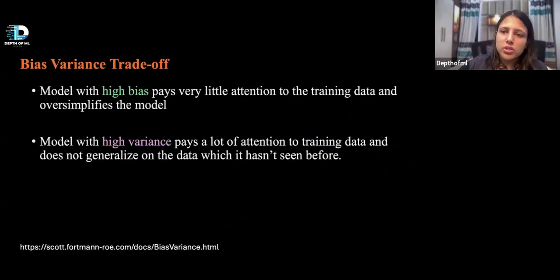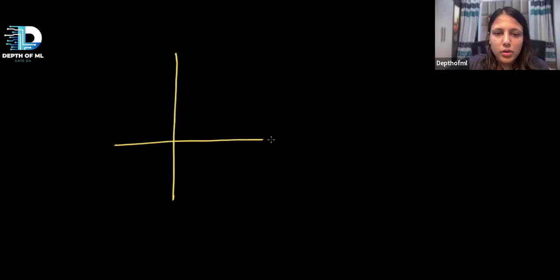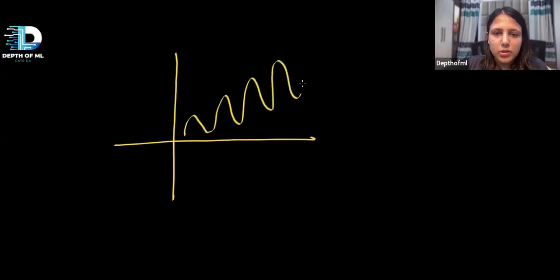Okay, so this is what the question was. That model with high bias pays very little attention to the training data and oversimplifies the model, right? High bias models tend to be very simple. For example, suppose my data is like this, and I say that this is my prediction value.